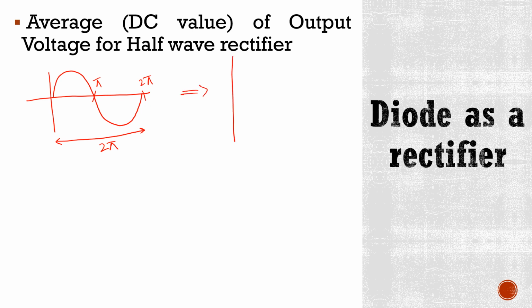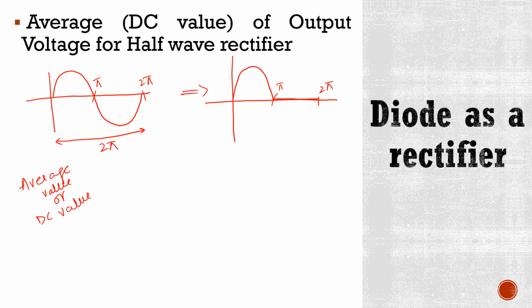The output of a half wave rectifier is like this, where this point is pi and this is 2 pi. So how are we going to find the average or DC value of output voltage here?